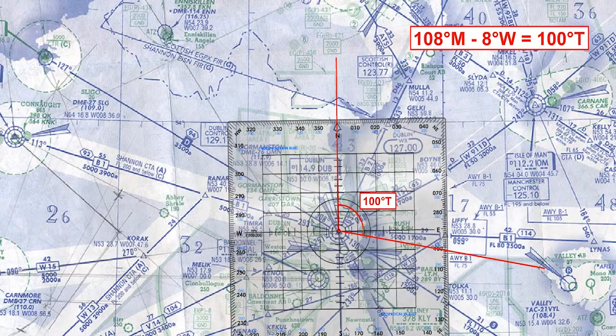Alternatively, you can convert the magnetic radial to a true bearing by applying variation arithmetically, and then plot by lining up the protractor grid lines with the nearest meridian. In this example, with a variation of 8 degrees west, a magnetic bearing of 108 becomes a true bearing of 100.